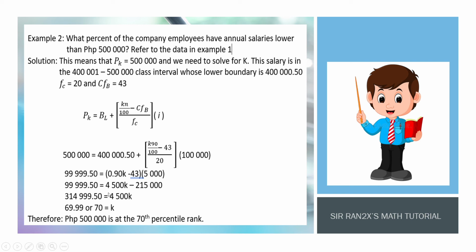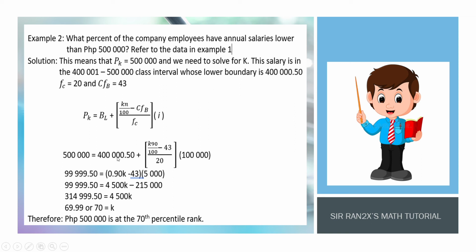Now we will simplify it. If you transpose this to the other side, it becomes a minus. So 500,000 minus 400,000.50 turns to 99,999.50.